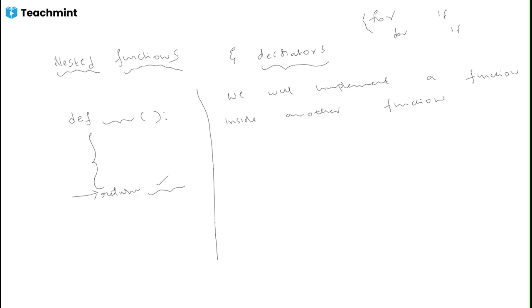Say for example, I will write the def keyword followed by the function name, and again I will write my business logic, and if required I will implement another function here, and it should return something. Guys, please do remember, in order not to get confused, I will follow the normal terminology used in the textbooks.